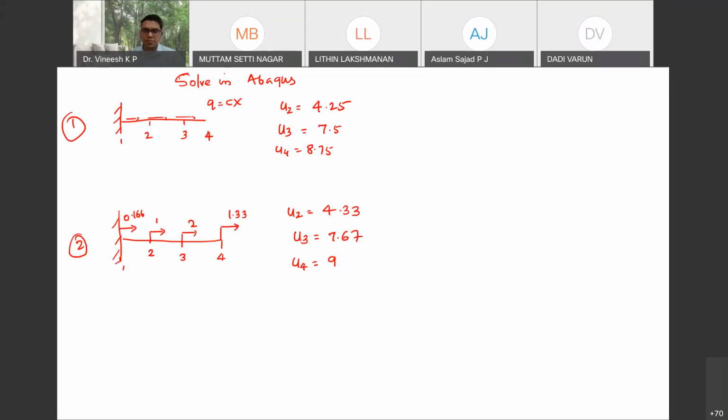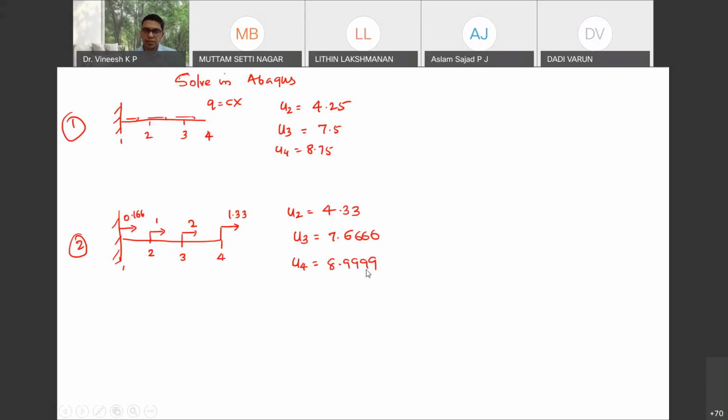Strictly speaking, this is not what Abaqus shows. So maybe I will write what Abaqus shows strictly. It is showing 7.6666, and this is 8.9999. So when you do the problem like this, you are going to get like this.